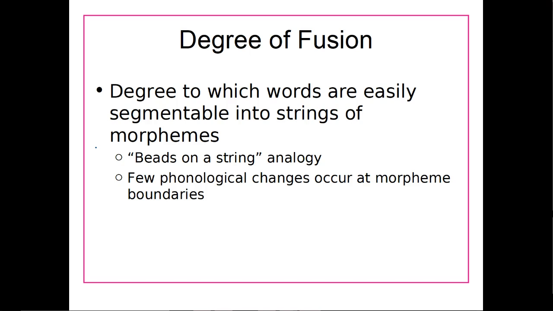If you think of these morphemes as beads on a string, the degree to which you can pull the beads on or off would be analogous to the degree of fusion of the language. So basically, if a language uses a lot of different morphemes, then it has a certain degree of fusion. If it uses fewer morphemes that can't be pulled apart, then it has a different degree of fusion.